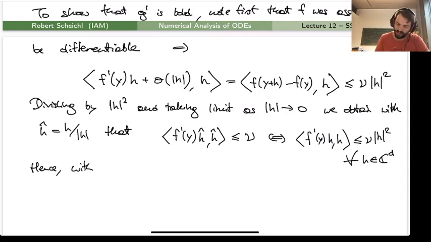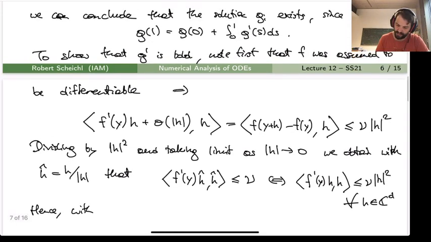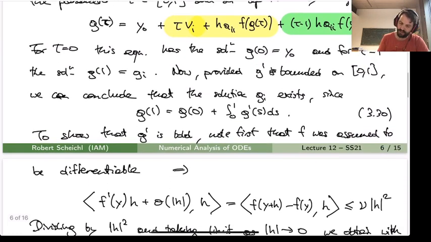So we can now plug it into g prime. So we want to take the derivative of this function with respect to tau. We get v_i from here, we get h a_i f of y_0 from here, and we need to take the chain rule here.